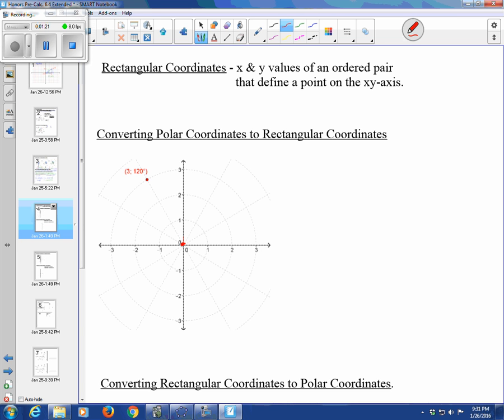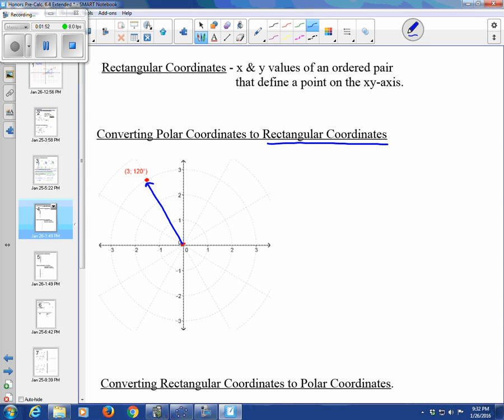So really, this point is the same point whether we're defining it with rectangular coordinates or polar coordinates, right? So if we're looking at this point defined with polar coordinates and we want to convert it to rectangular coordinates, what we can think is that the distance 3 in the direction 120 degrees could also define the magnitude and direction of a vector extending from the origin to this point, right?